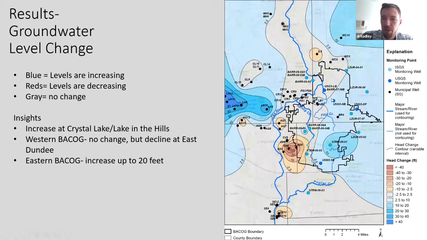But then again, in this eastern BACOG area, you have continued increase in water levels through time, and really not too much change in the western half of BACOG, except for this drawdown here that happened at East Dundee.